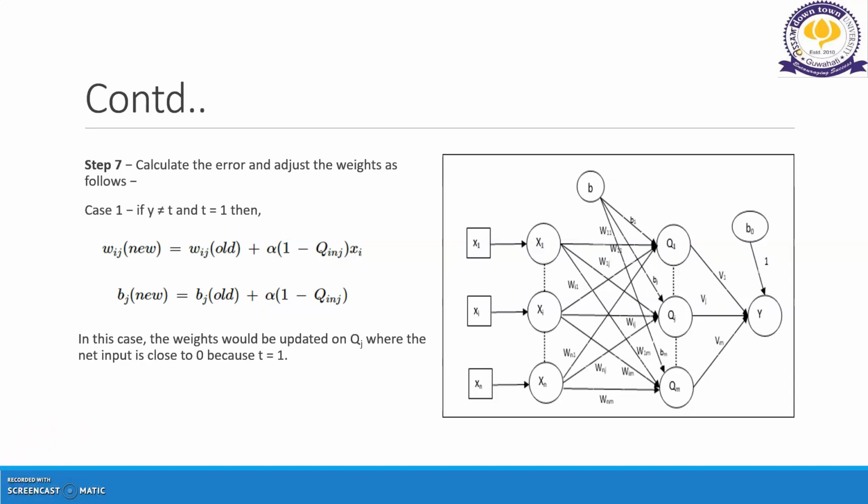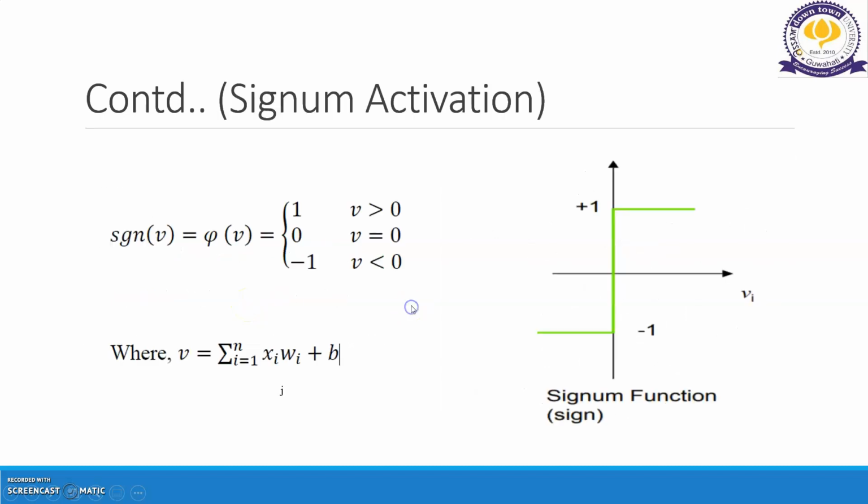So after calculating the output, the most important part is to calculate the error and adjust the weights. Now, if you remember, the Adalines are just like perceptron, and it uses a bipolar activation function. That means it's mostly used for linearly separable data.